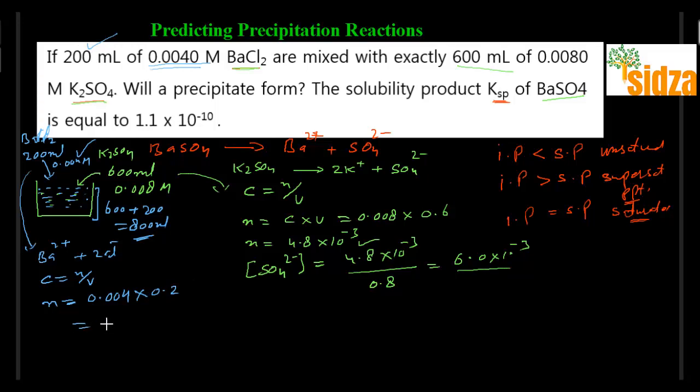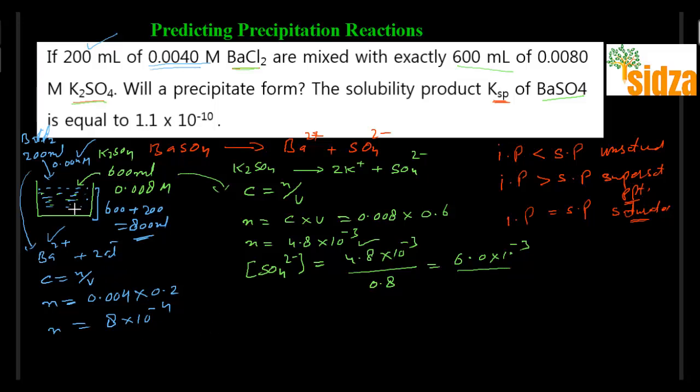So it will be 8 into 10 to the power negative 4, right? This is the number of moles of the barium chloride, and this is the number of moles of the barium ions also.